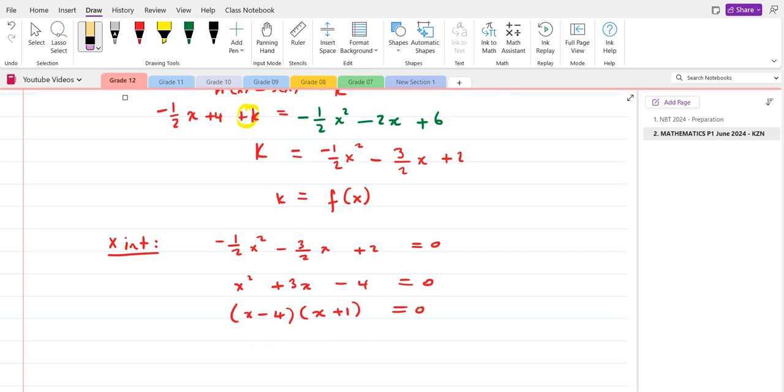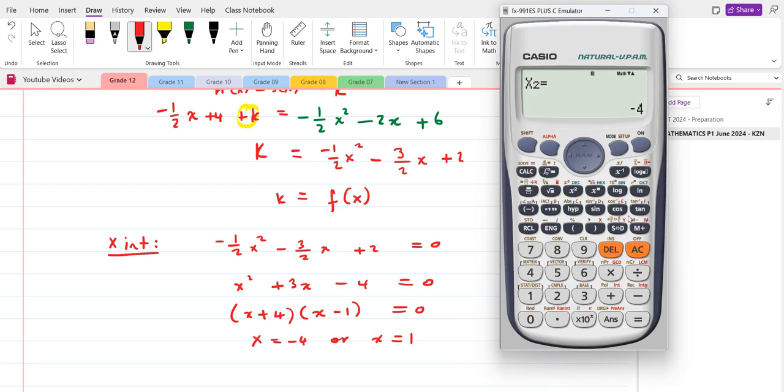Because it's plus 3 here, it should be plus 4 and negative 1. So x is equal to negative 4 or x is equal to 1. So that's what I'm checking here, 1 and negative 4.